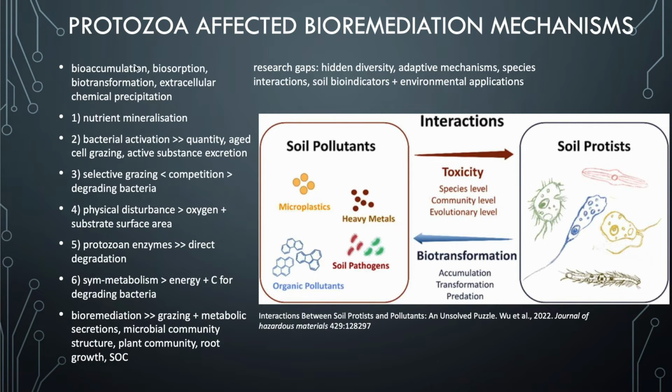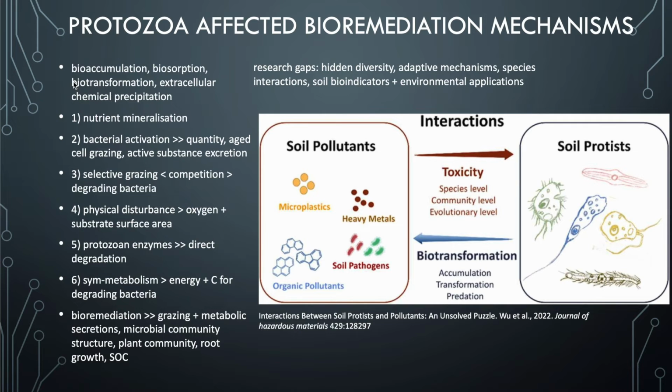And bioremediation can occur through various ways. So there could be bioaccumulation, where an organism, like the hyperaccumulating plants, accumulates the particular pollutant. There could be biosorption, where a particular pollutant such as a heavy metal might be adsorbed to the external structures of a particular organism, such as fungal hyphae or roots, for example.